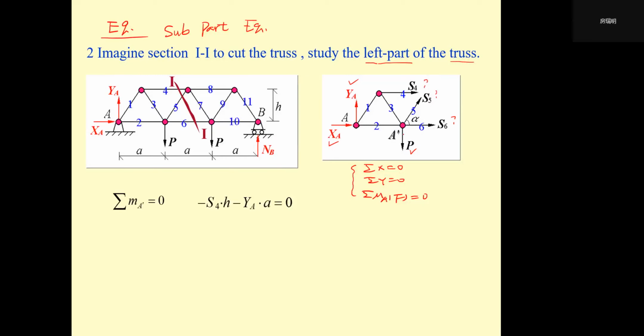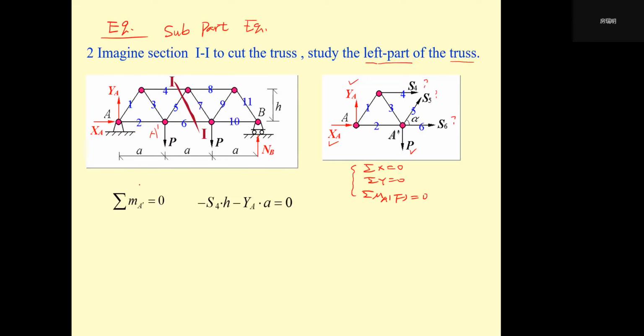If you can understand this principle, then we can use this. At this point A prime, when we cut, we can just use S4, S5, S6 to denote these three internal forces. Because this point has two unknowns passing through it, it's very clever: we can use sigma M at A prime equals 0.